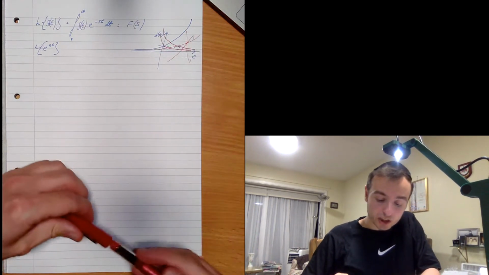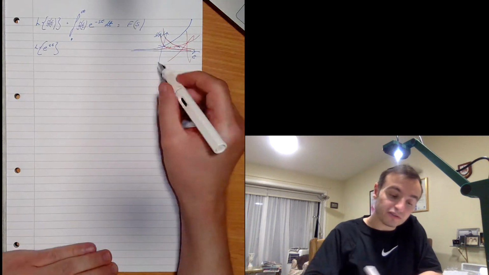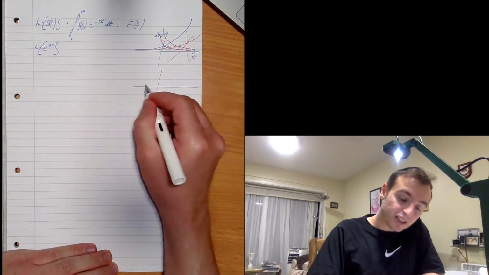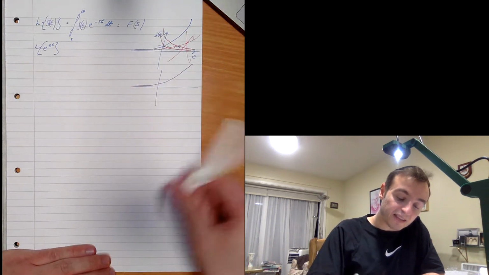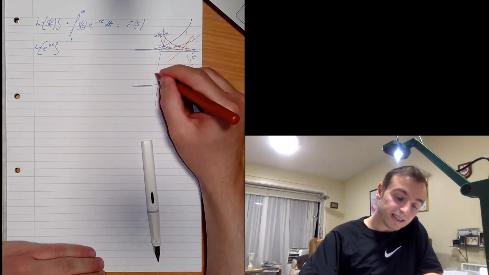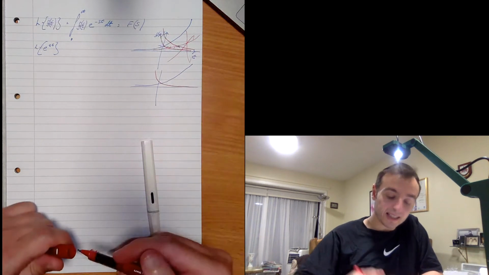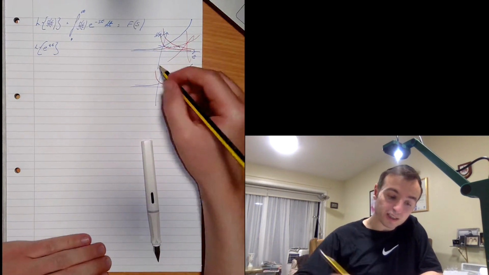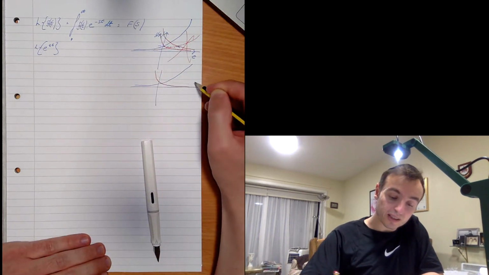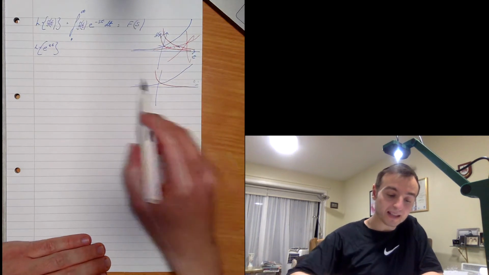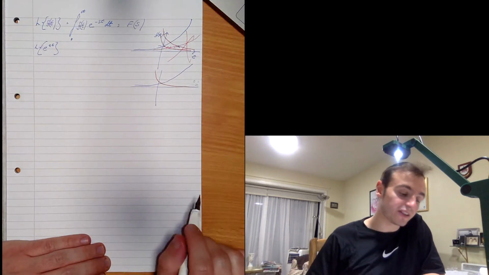We have to ensure that when you multiply f of t and e to the minus st together, as t tends to infinity, the product is going to tend to 0. And that's going to be important when we evaluate this function here.